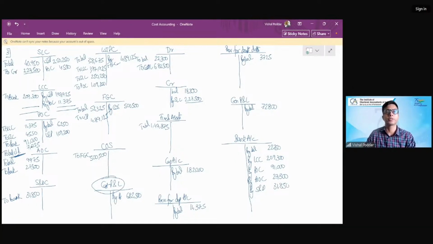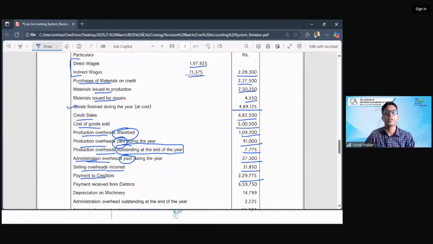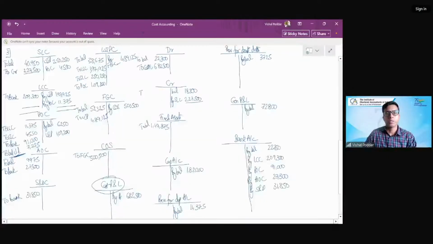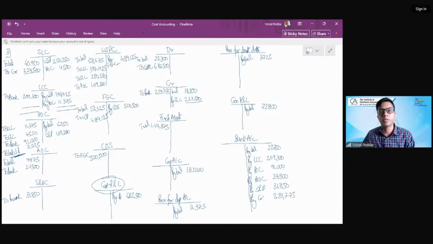Right, students? Then you have payment to creditors, 229,775. Bank will be credited because the payment is made, 229,775.